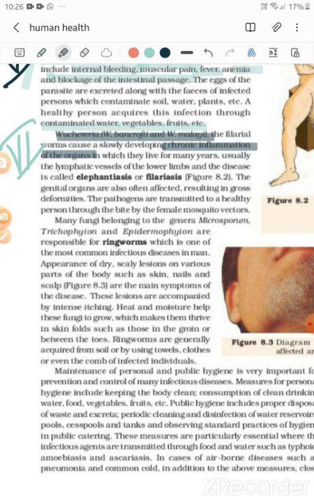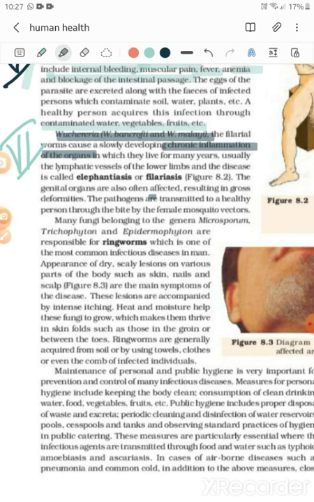Usually, the lymphatic vessels of the lower limbs are affected, and the disease is called elephantiasis or filariasis.